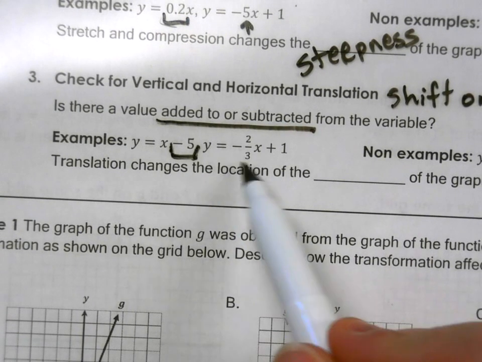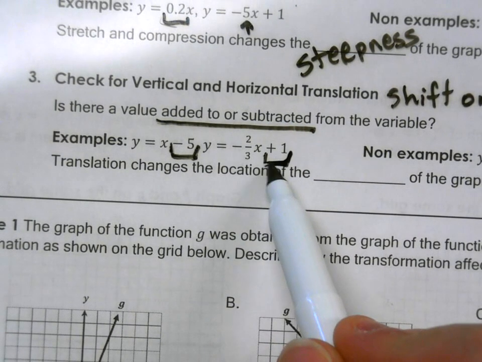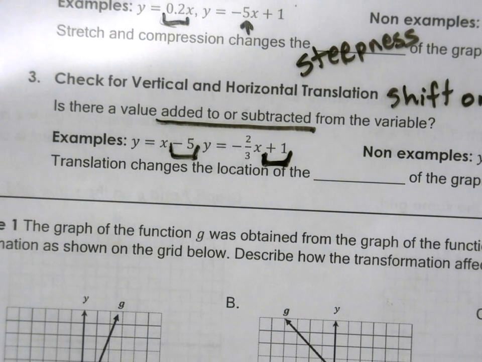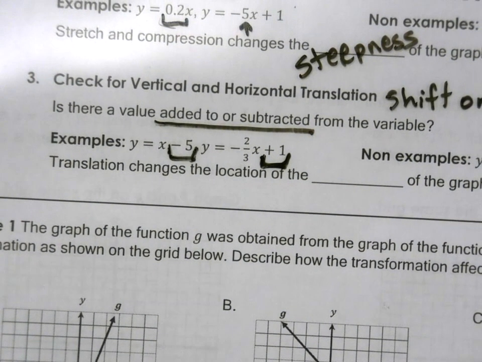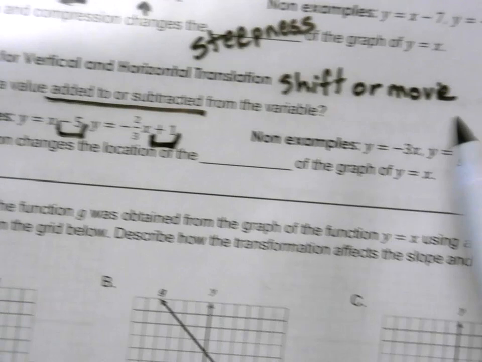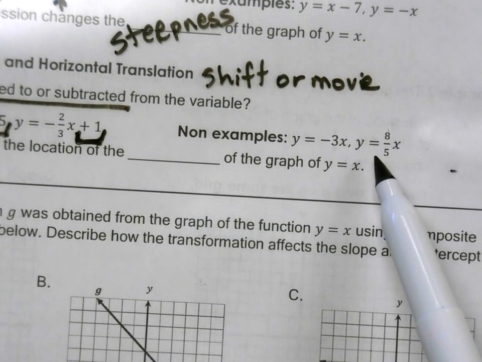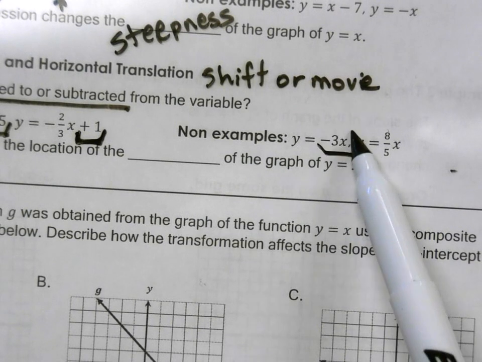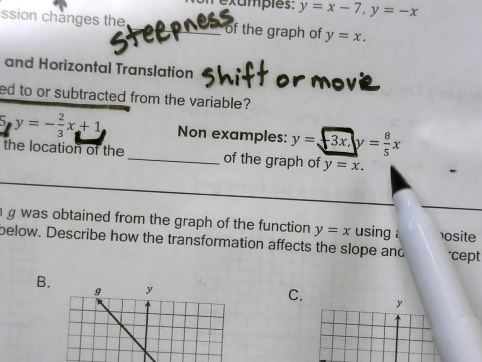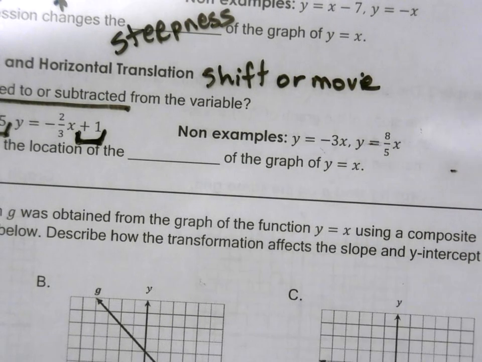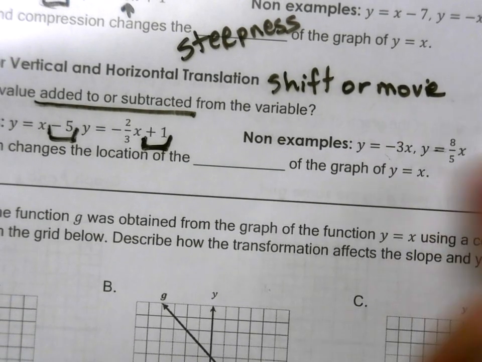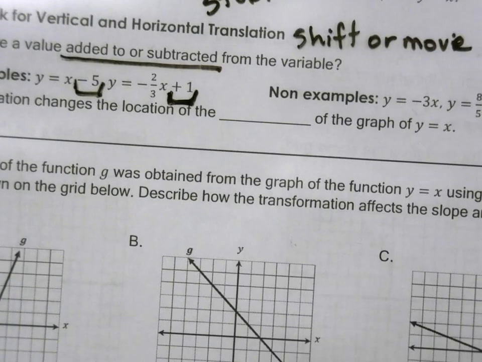Okay. Over here in this next one, it adds 1. So how is that going to shift it? Up 1. Okay. So these non-examples, notice that there's nothing being added or subtracted. It's just a single term, with nothing being added or subtracted on the end. So it didn't get shifted at all.